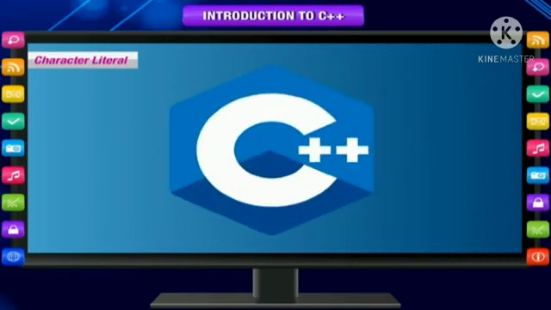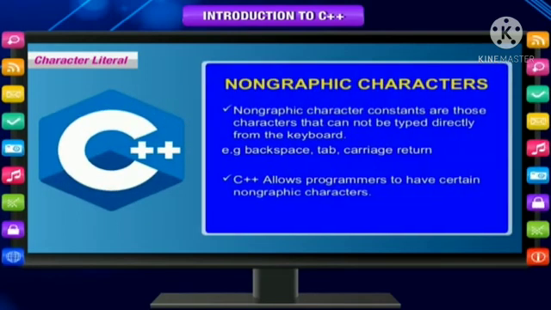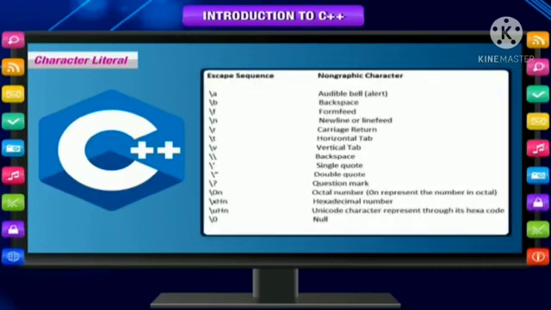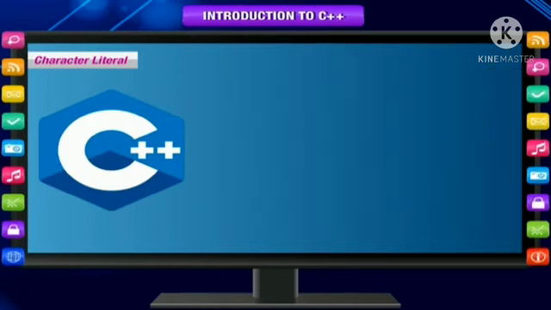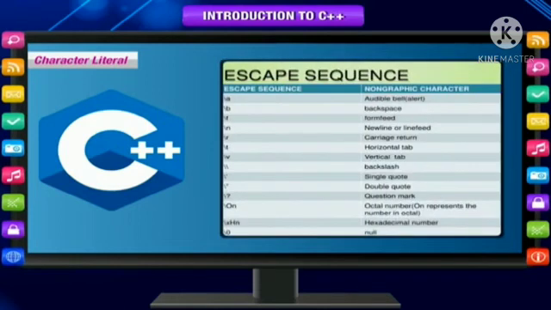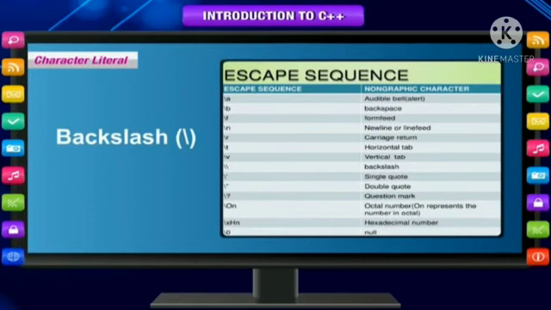C++ allows you to have certain non-graphic characters in character literals. Non-graphic characters are those characters that cannot be typed directly from the keyboard. These non-graphic characters can be represented by using escape sequences, represented by a backslash followed by one or more characters.